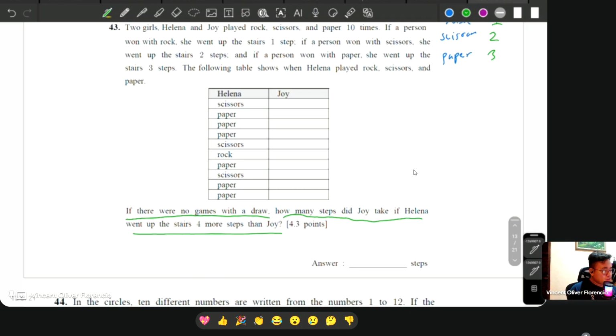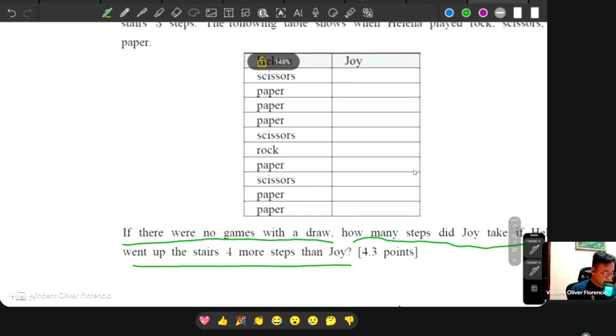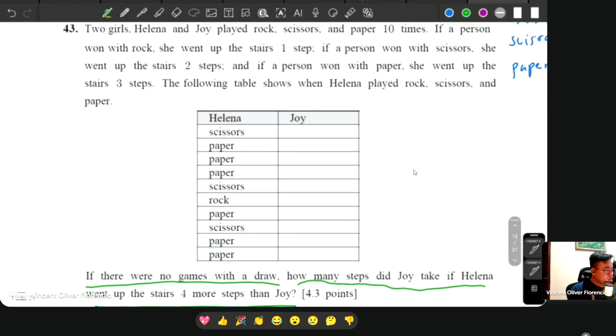Okay, what do we do here is this one. Let's make it that Helena won all the games. So what defeats scissor? That's going to be paper, right? This is rock. Rock. Rock.